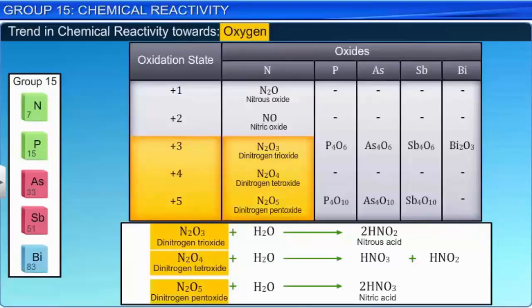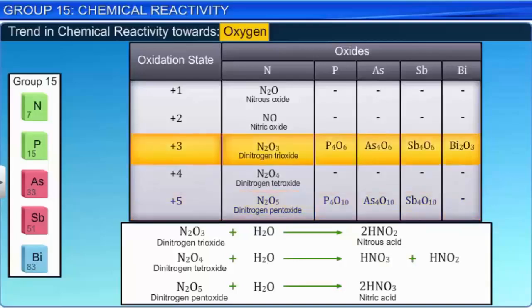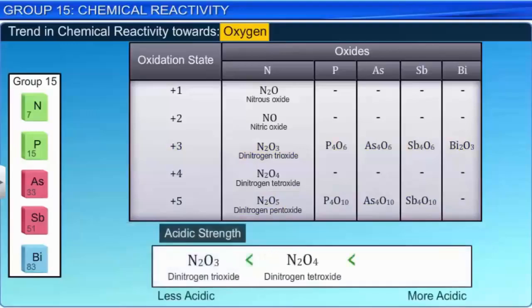Oxides in the higher oxidation state of an element are more acidic than that of the lower oxidation state. Hence, the acidic strength of oxides of nitrogen increases from dinitrogen trioxide to dinitrogen pentoxide.